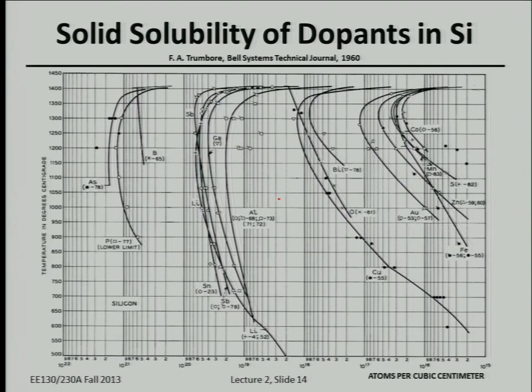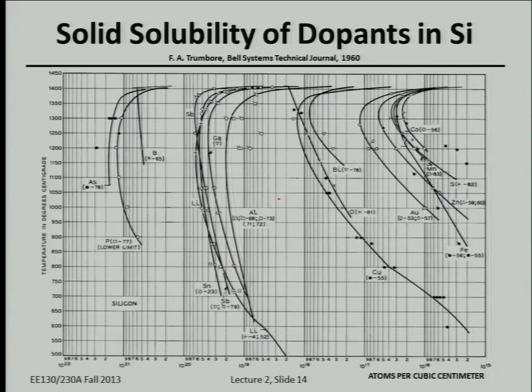This is a kind of complicated chart, but it's a chart showing the solid solubility of dopants in silicon. During the integrated circuit fabrication process, we introduce these dopant atoms into silicon in different regions in well-controlled quantities. And in order for them to contribute an electron or a hole to modify the electrical property of the silicon, we have to get those atoms to sit on a lattice site.